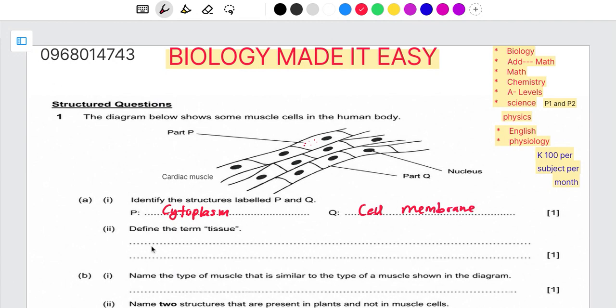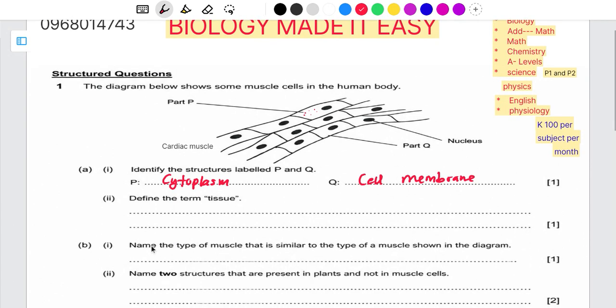Then for the next one, it is asking us to define the term tissue. When you talk of a tissue, it's just a group of similar cells that work together to perform a specific function.